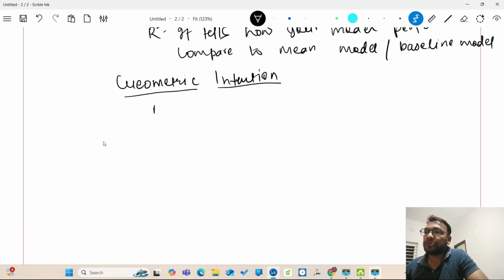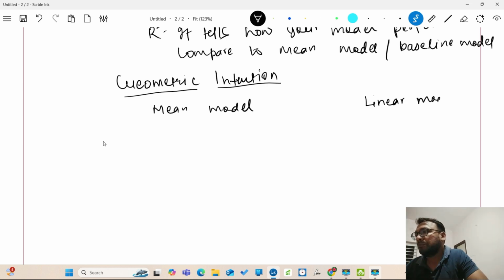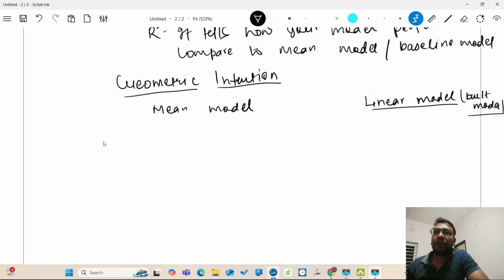Okay, so first I draw two models, that is called the mean model and another is the linear model, my built model, just for rough understanding. Okay, so what is the mean model?